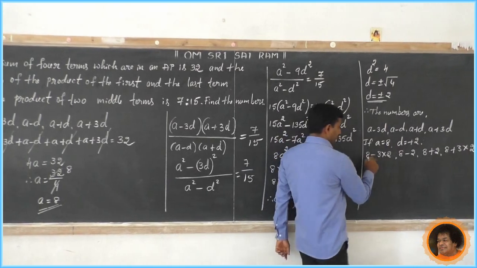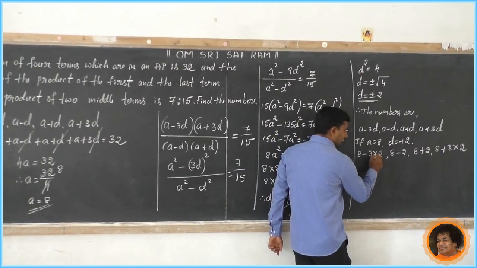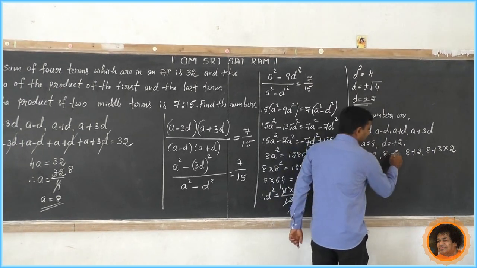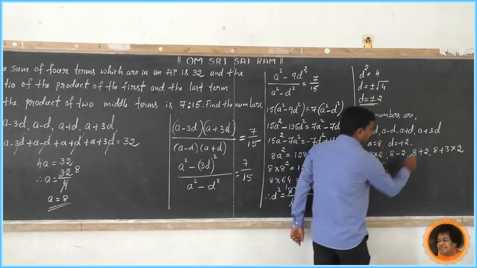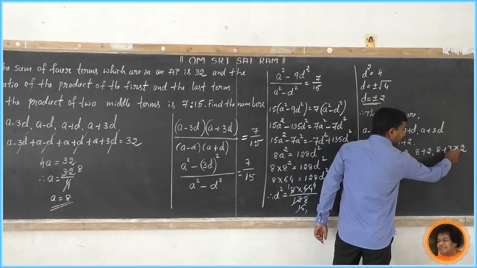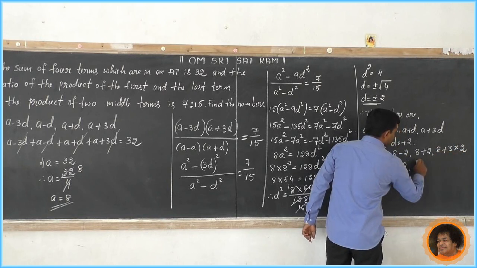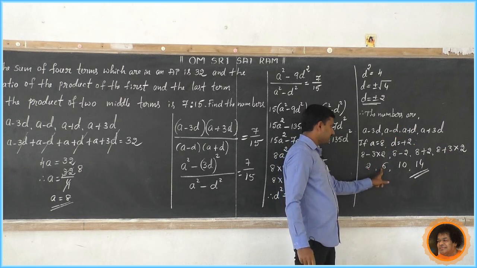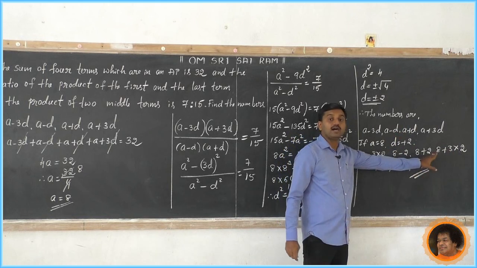Now simplify. 8 minus 3 into 2, that is 8 minus 6, which is 2. 8 minus 2 is 6. Then 8 plus 2 is 10. Then 8 plus 3 into 2, that is 8 plus 6, 14. So 2, 6, 10, 14 are in AP.